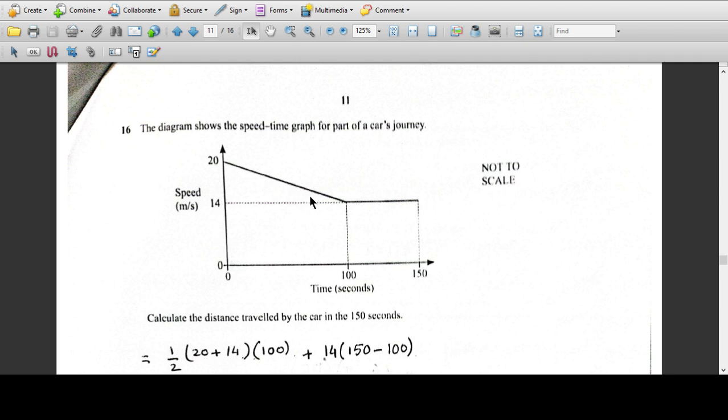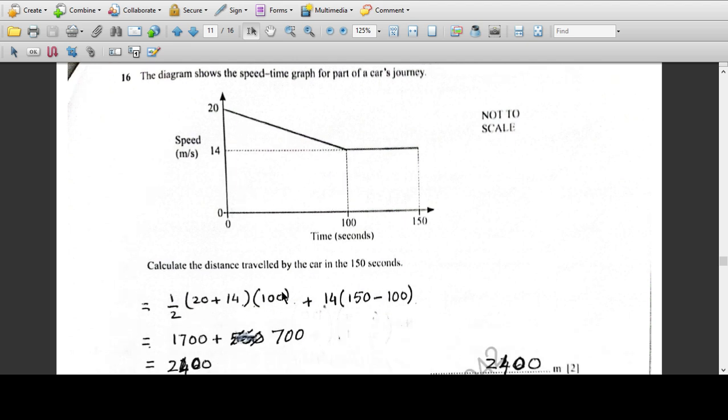So we have to find the area, and this area is a trapezium, with heights 20 and 14. We take the average and multiply it by the length. The second part is 150 minus 100, which is 50, times 14, which is 700, and the first part is 1700.